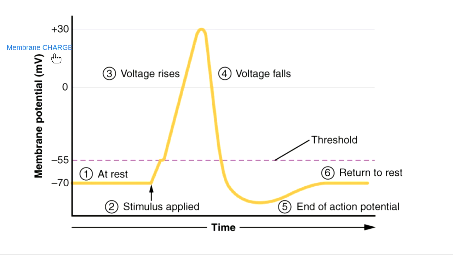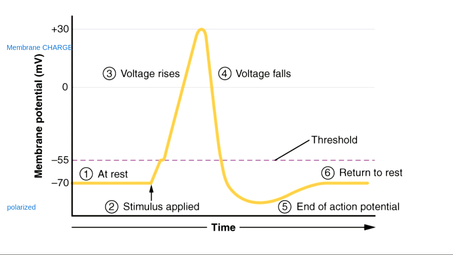Remember that we said that the cells in your body are polarized. Let me put that polarized word on here again. Polarized means it's different on the inside and the outside. So normally when your cells are polarized, when they're living their life, doing their normal thing here, they're at something called the resting membrane potential.